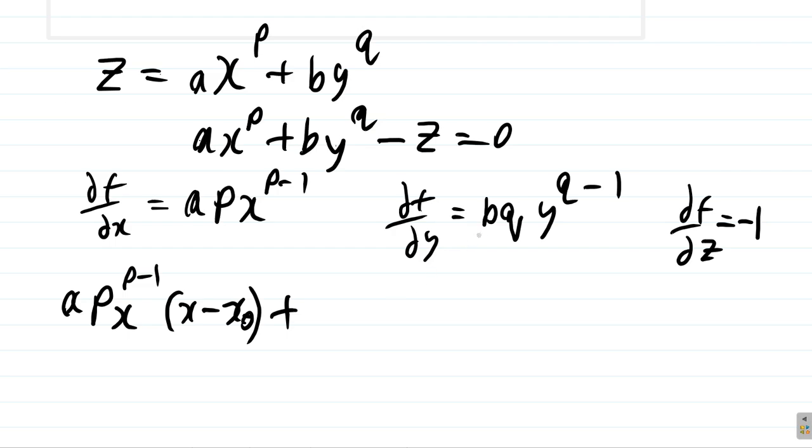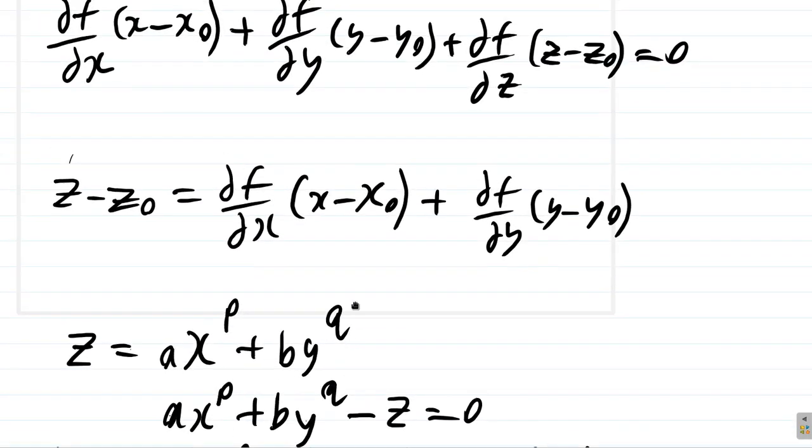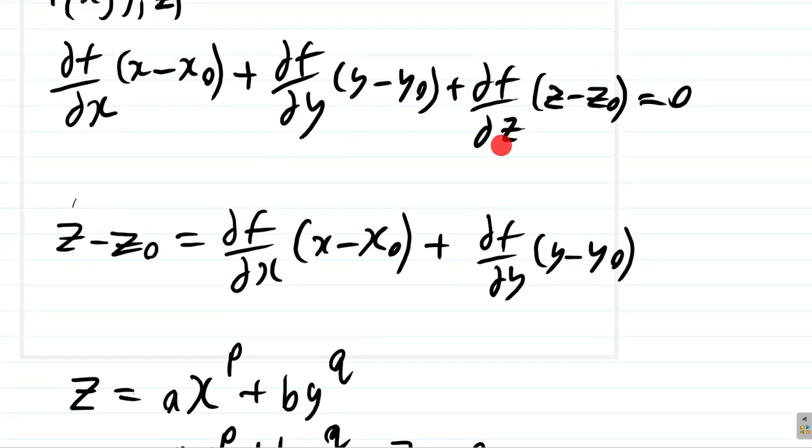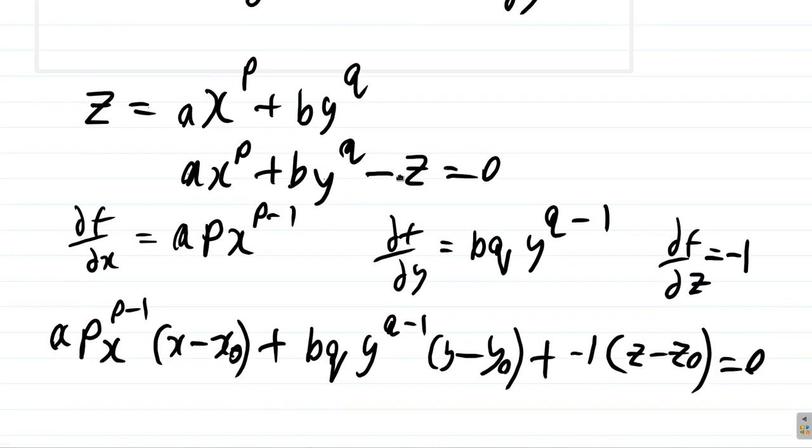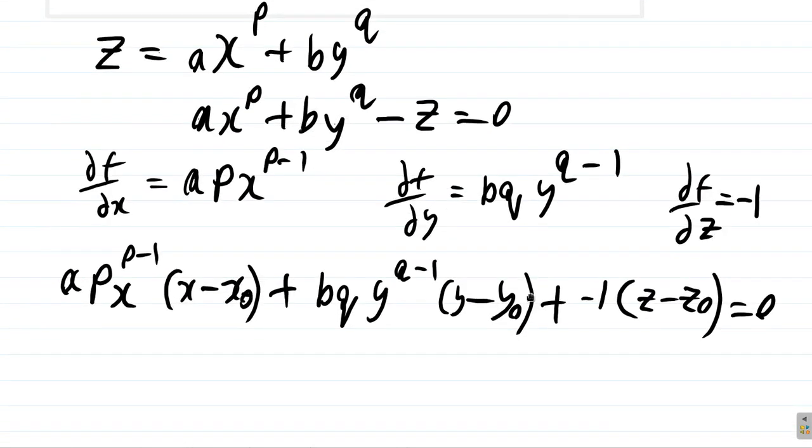So, delta f by delta y is bq y to the q minus 1, times y minus y naught, plus, what else you have? You have delta f by delta z, times z minus z naught. So, delta f by delta z is negative 1. Negative 1 times z minus z naught equals 0. Nice.